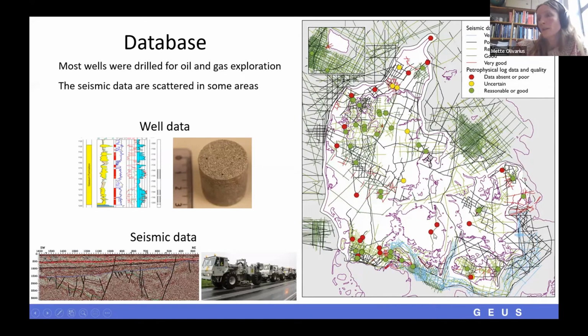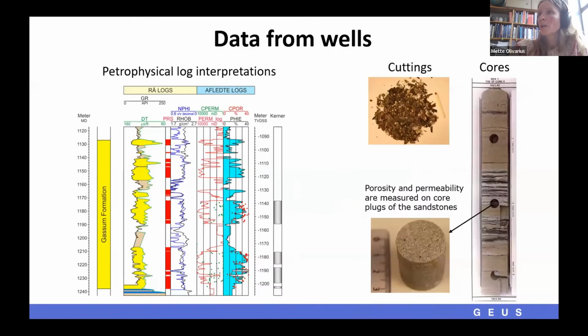Yeah, and the data is of very varying quality, as you can see. And from the wells, we have the petrophysical logs that we have interpreted to get an idea of which intervals have the sandstones in the reservoir, and what the properties are.